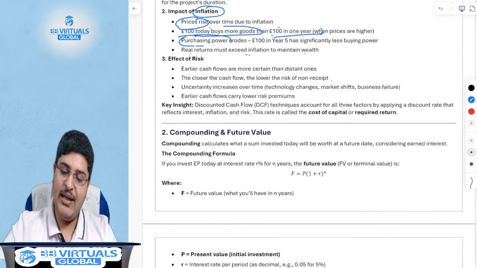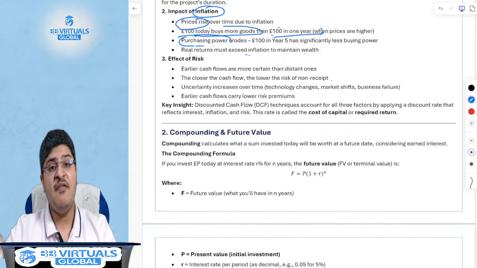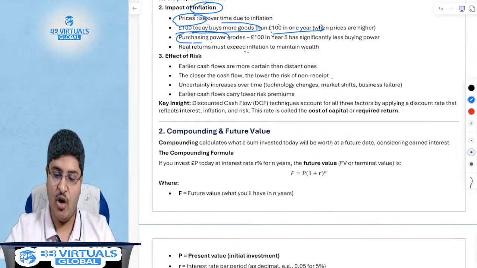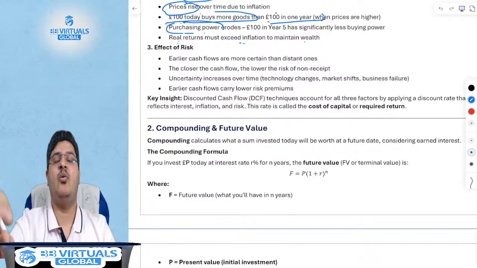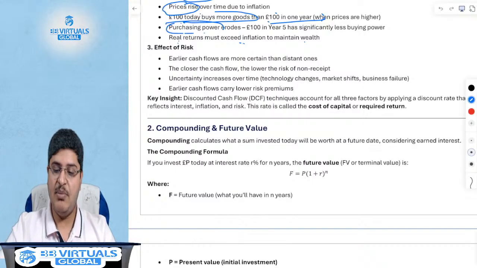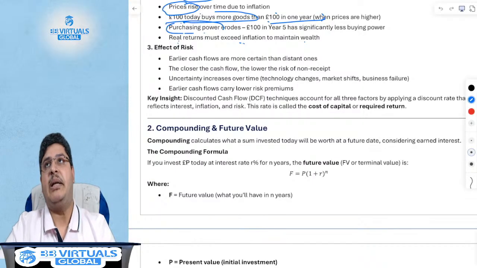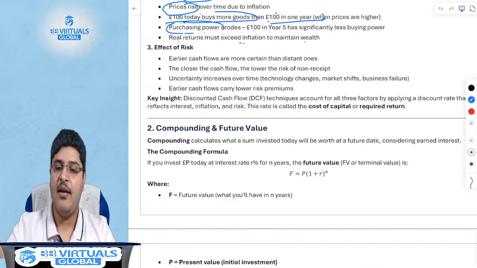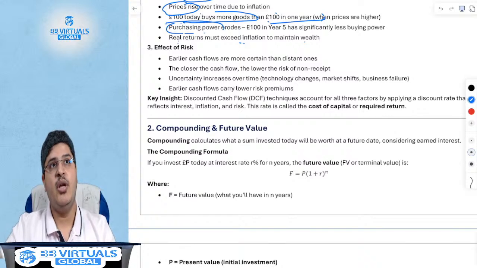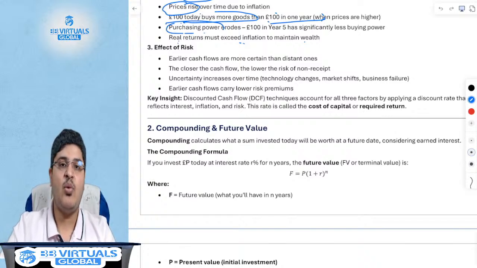The discounted cash flow techniques which we are using in this chapter, which we had not used in the previous chapter, account for all of these 3 factors by using a discount rate. Now, a lot of people will ask me, what is this discount rate? The discount rate is also called the cost of capital or the required rate. In my example, you invest in a mutual fund which gives you 12%.